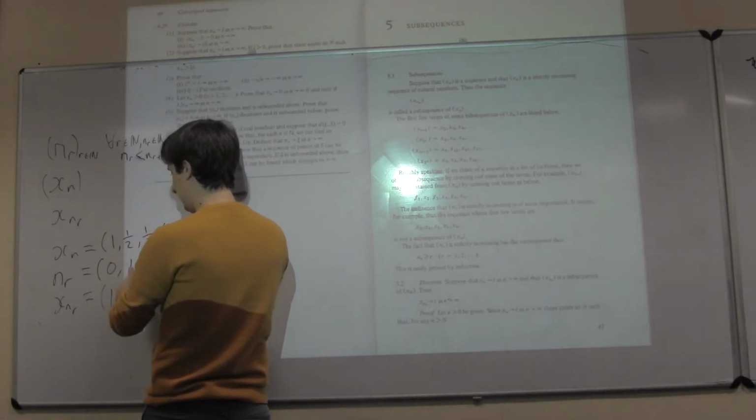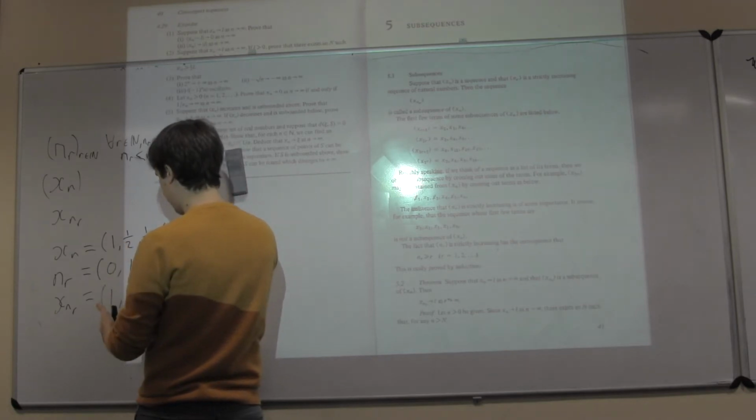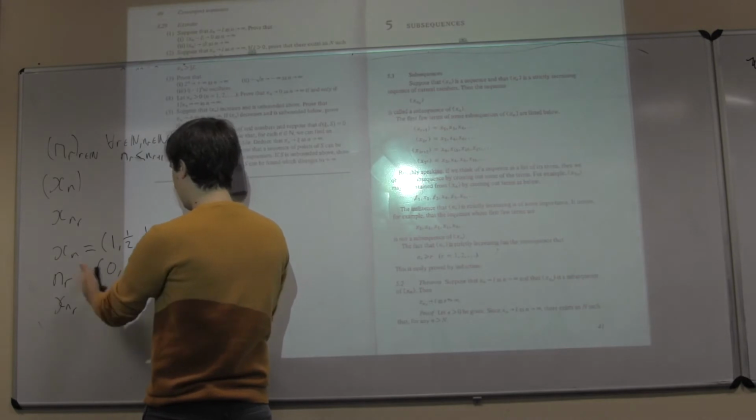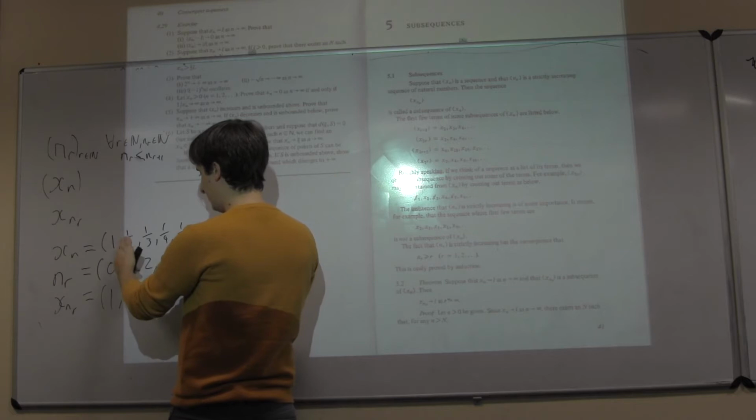We look at n_r, it says 1, that's the second element of xn, so that's a half. We look at n_r, it says 2, so we take the third element.